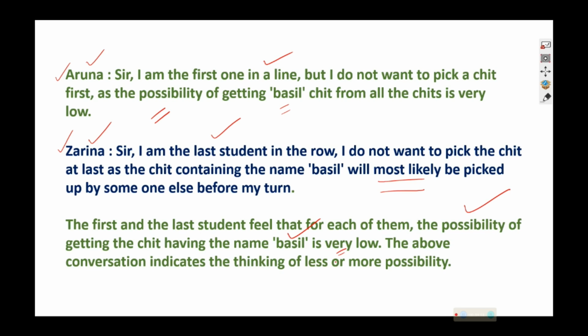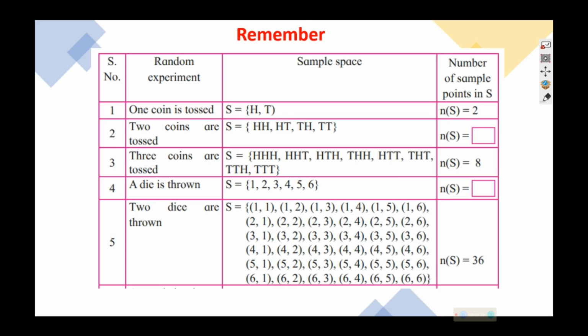The last one, Zarina, feels that only one chit is basil, so the chance is very low. So we are talking about less or more possibilities, which is about the chance of getting it. That is the question here, and how can we mathematically approach this situation.